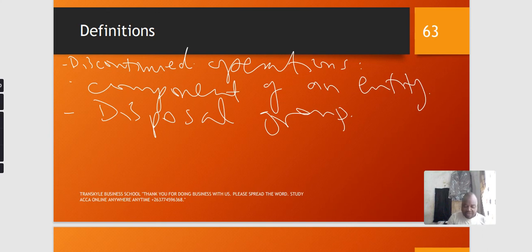This is a group of assets to be disposed of by sale or otherwise, together as a group in a single transaction, and liabilities directly associated with those assets that will be transferred in the transaction. That's a disposal group.